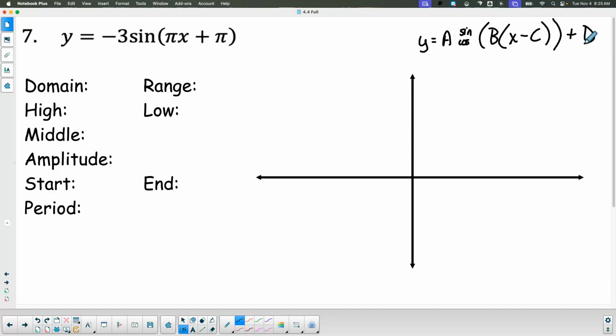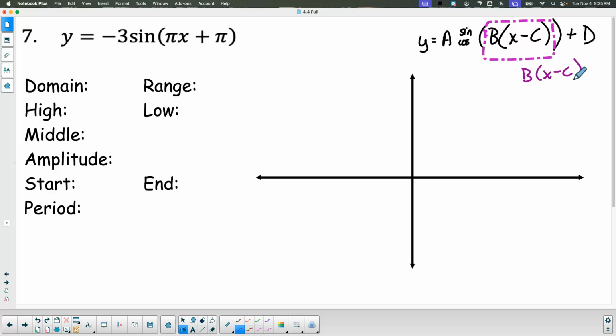Which means that if I break this down a little bit, that part right there should be B with it factored out. We should have a set of parentheses inside there.